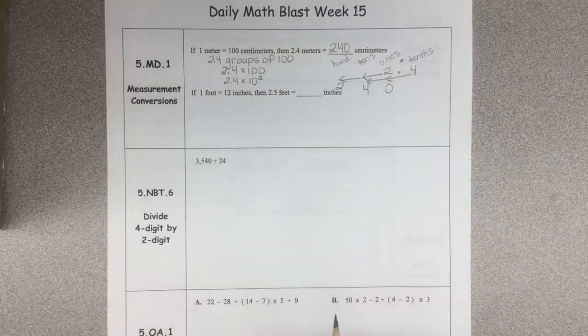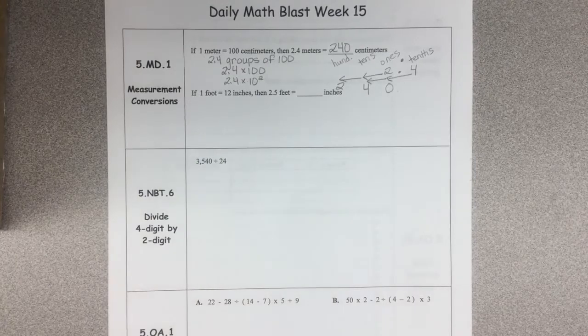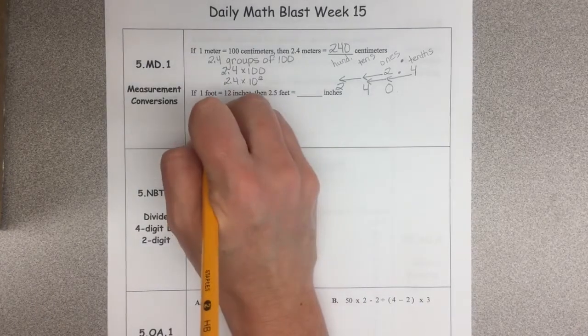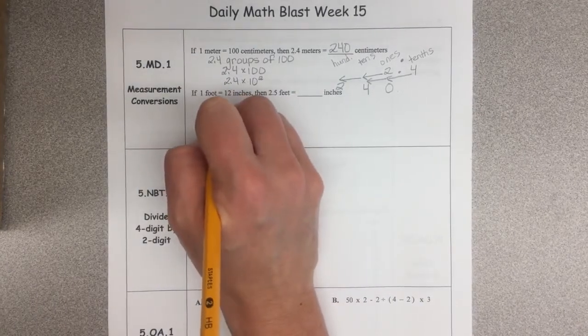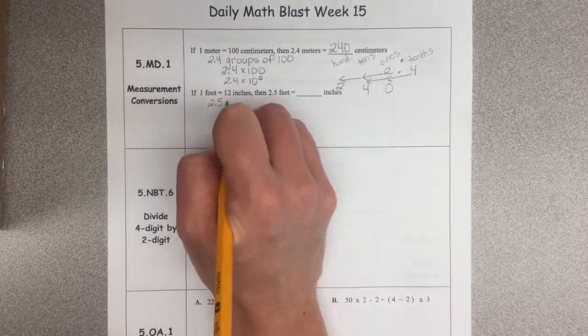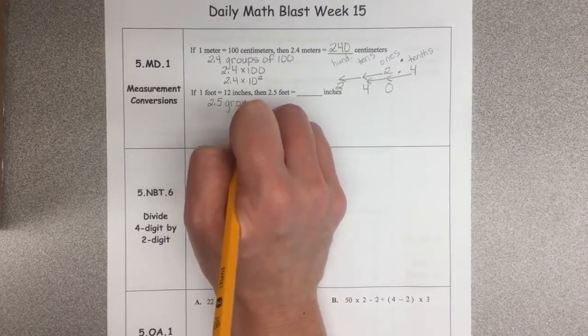If 1 foot equals 12 inches, then 2 5/10 feet equals blank inches. So again, if 1 foot's 12 inches, then 2 5/10 feet would be 2.5 groups of 12.